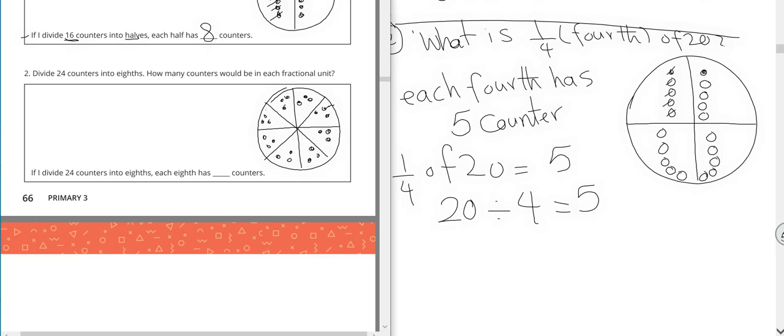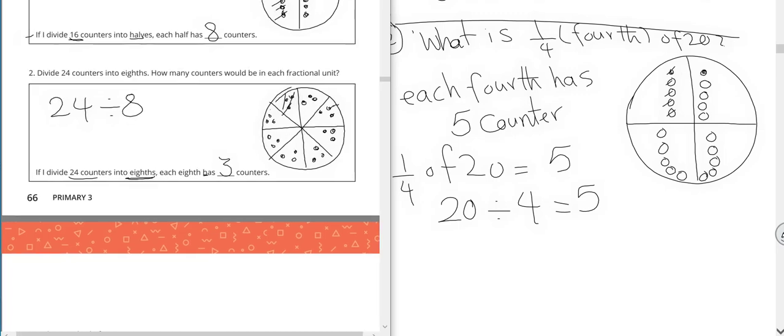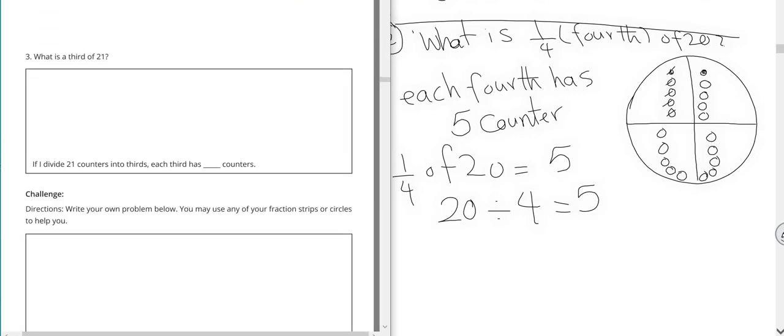So each eighth has how many counters? 3 counters. We can write 24 divided by 8 equals what? From the timetable, 3 times 8 equals 24. So the result is 3.